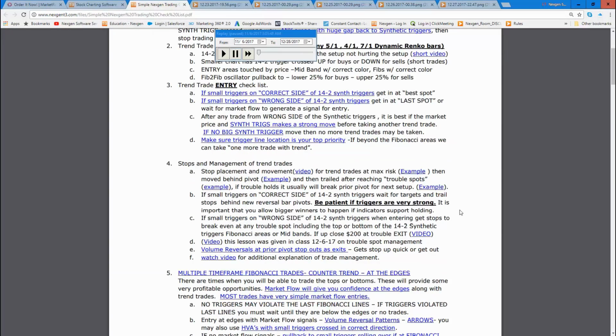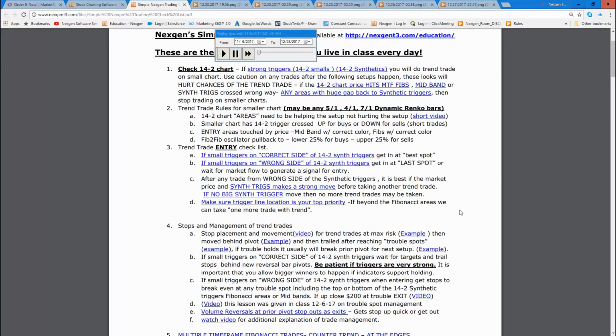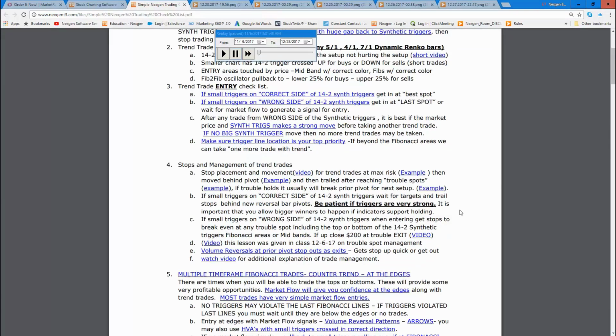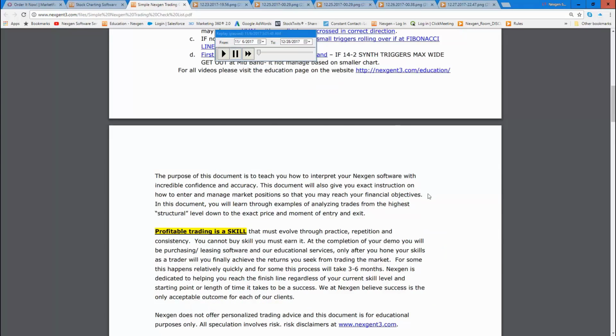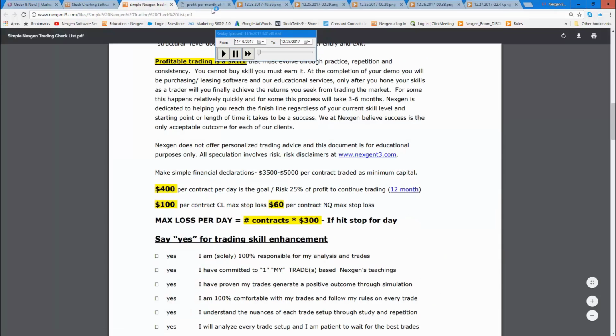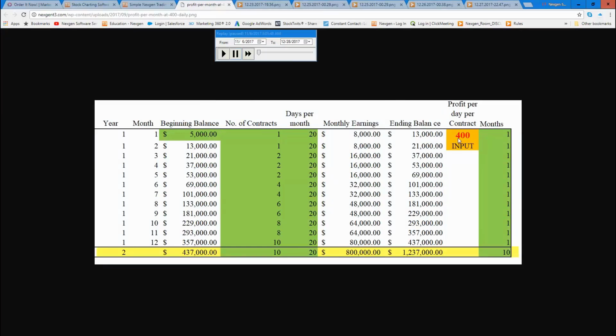And I always like to use clients' pictures too, because it just makes it easy. Again, think about the goals, right? Our goal for you guys is to teach you how to make $400 per day on one contract. Whether it's a couple trades on gold, a couple trades on crude, just net at the end of the day, averaging $400.